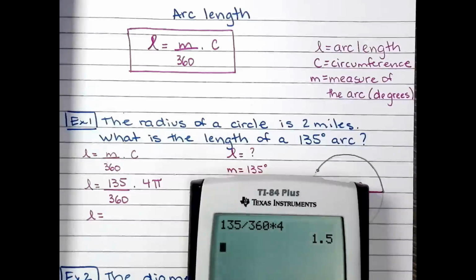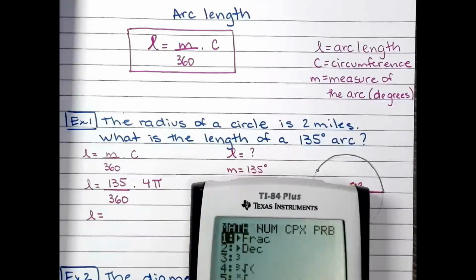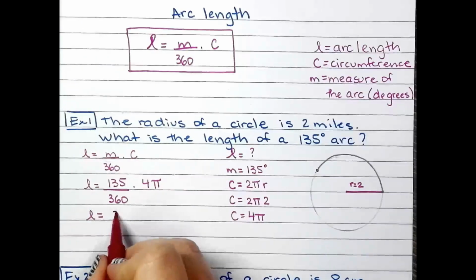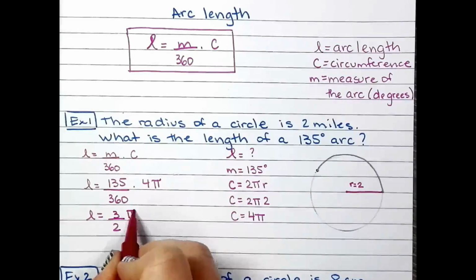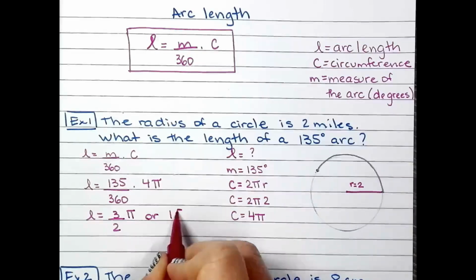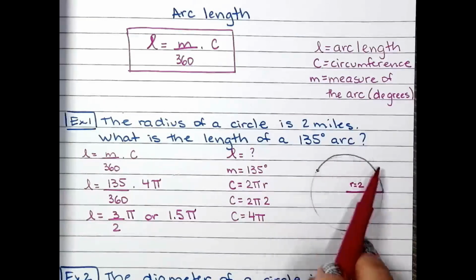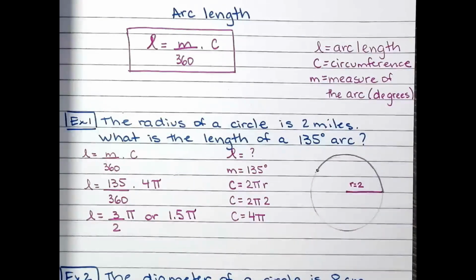So 1.5 pi, or if you want to make it prettier, make that a fraction, 3 over 2 pi. Or 1.5 pi. So that's the length of this arc right here in terms of pi.